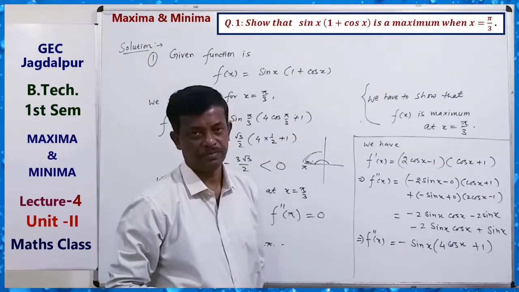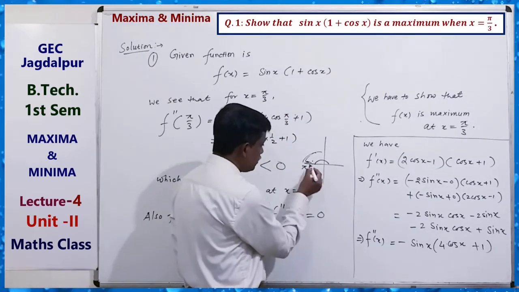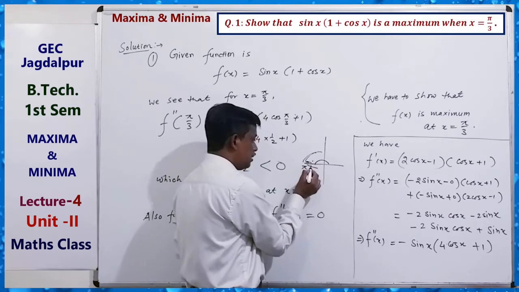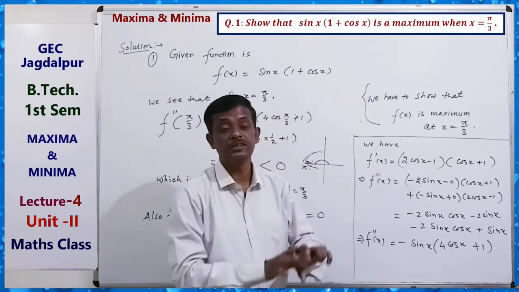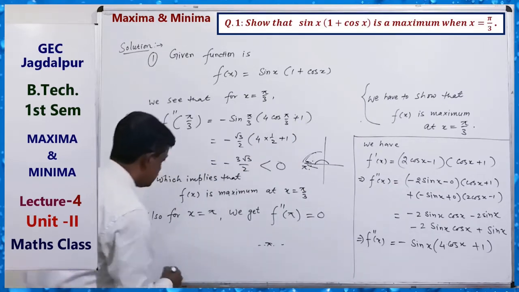So negative. And slightly greater than pi here, cos x is also negative. So this is also negative. So there is no change.